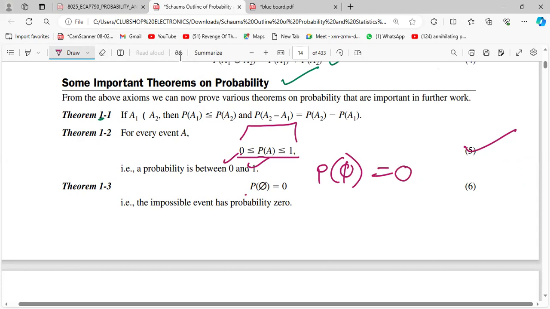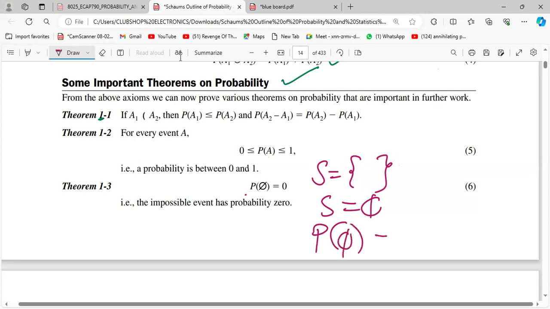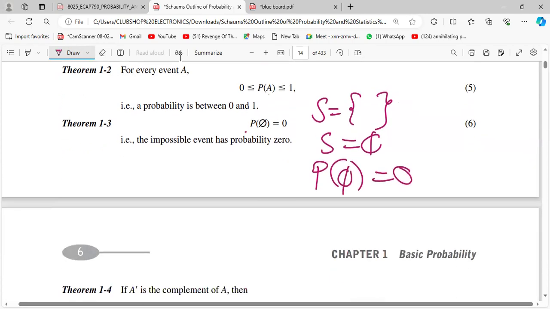So the probability of an empty set, that is, the impossible event, has probability 0. Okay. So, for example, you have a set S equal to 5. What is the probability of getting a 2 from this empty set? All right.